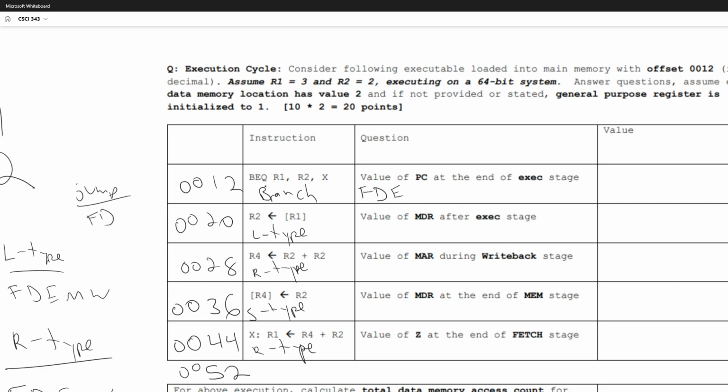So we have to compare. This is a branch on equal. We're comparing R1 and R2. So R1 is 3, he told us. R2 is 2. So they're not equal, so it won't jump. So the PC can stay at what it was. That's 0020.